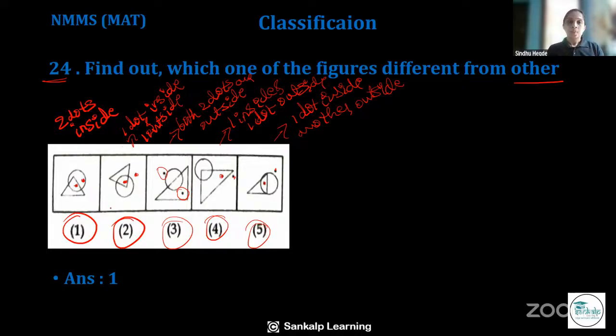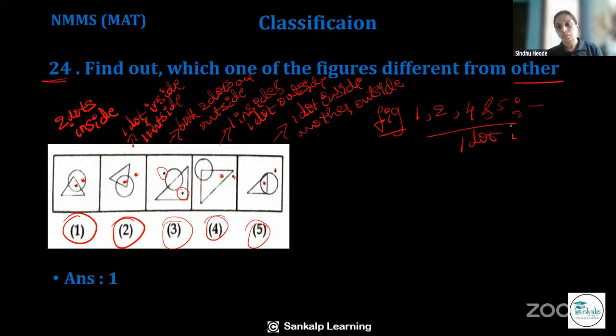So figures 2, 4 and 5 all contain two dots, but the pattern is like this: one dot inside the structure and another dot outside.